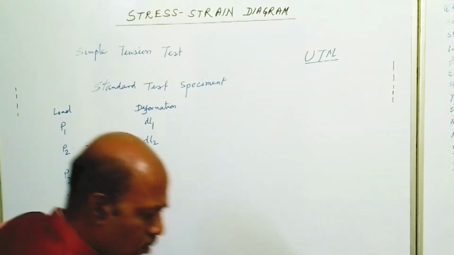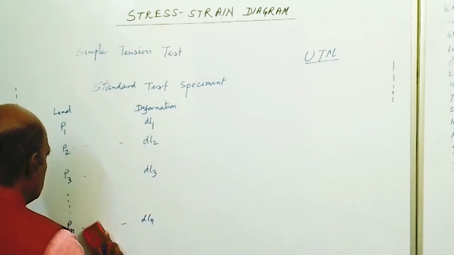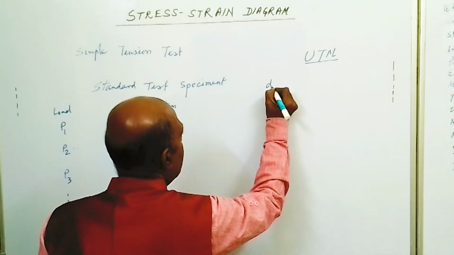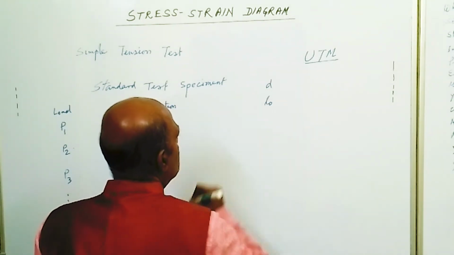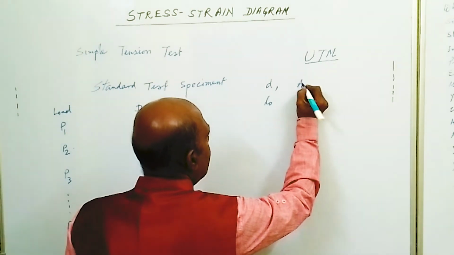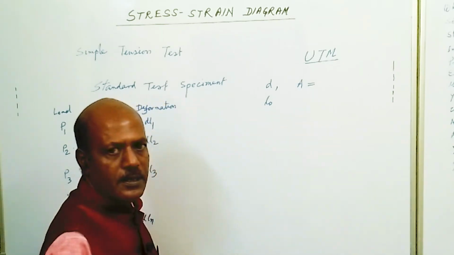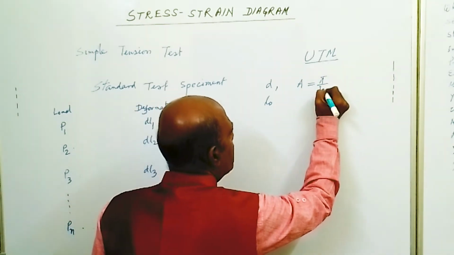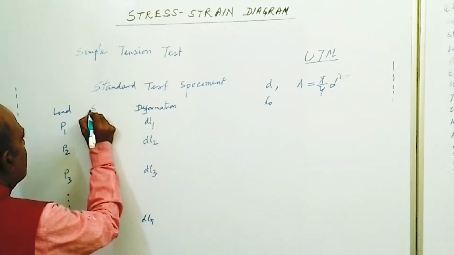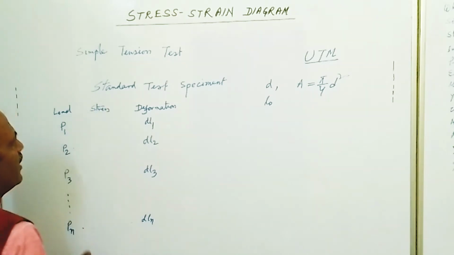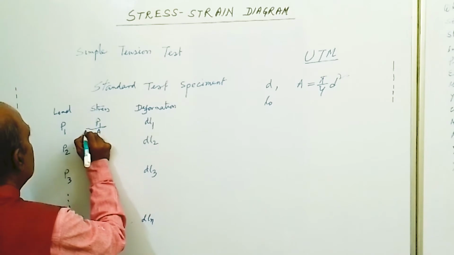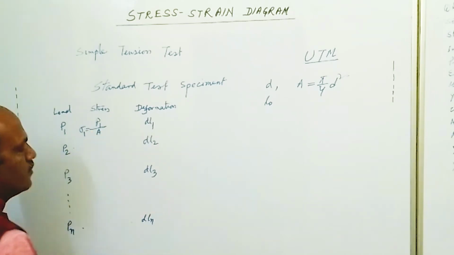Now we know the deformation and load. Also initially we have taken the diameter D as well as L0. Once D is known, we can find the initial or original cross-sectional area, equal to pi by 4 D square. So what is the stress developed at various points? Stress is P1 by A, which we denote by sigma 1.